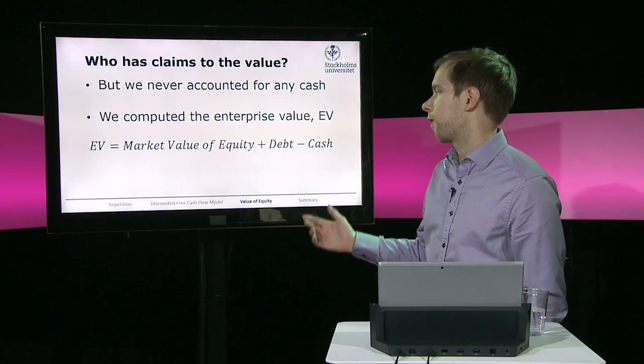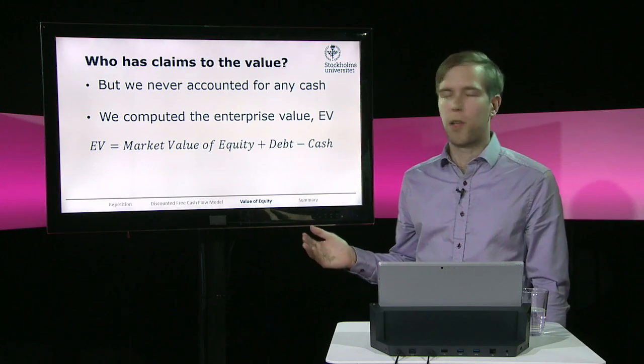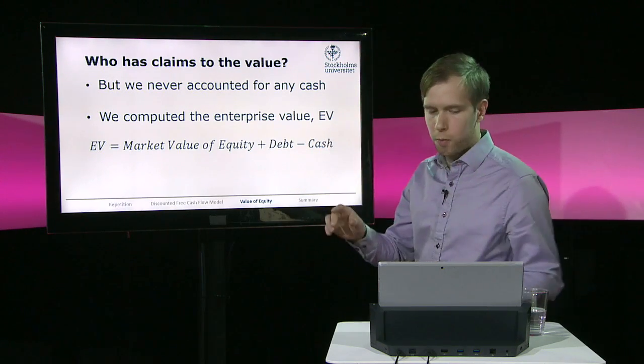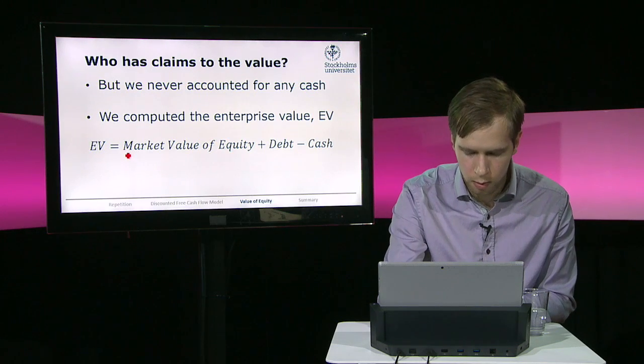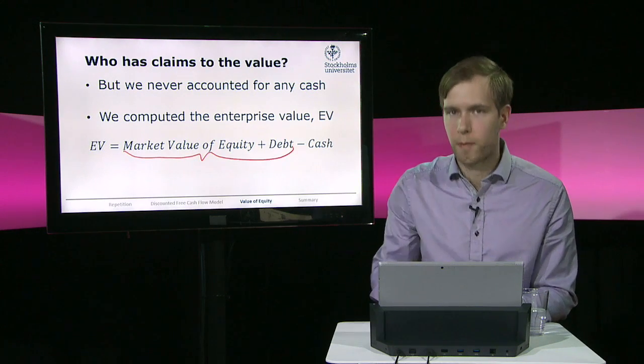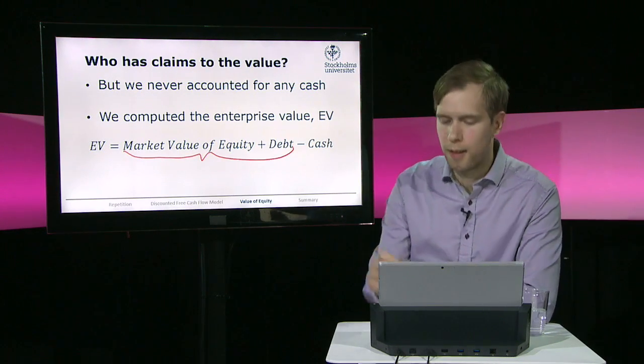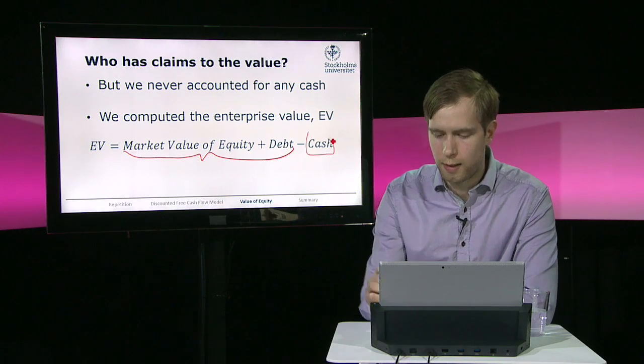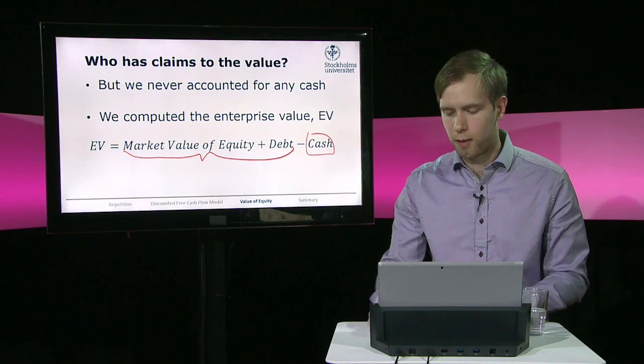And the enterprise value is almost the value of the firm. So the value of the firm was the market value of equity plus the debt. But the enterprise value is that except you subtract any excess cash that the company has available.